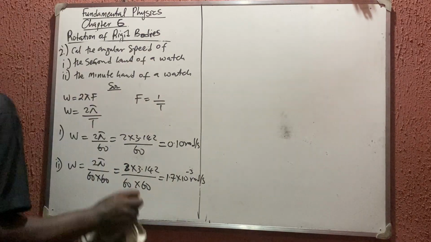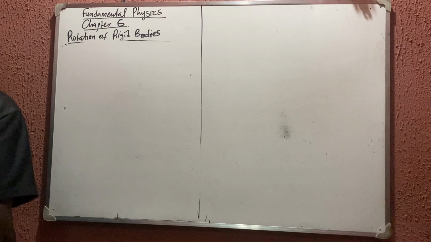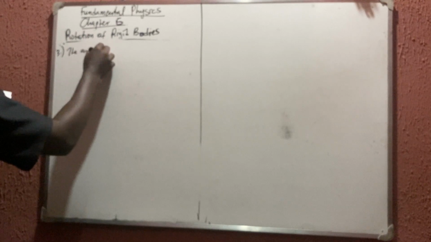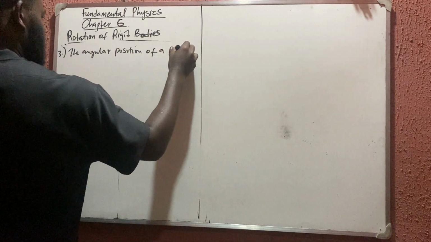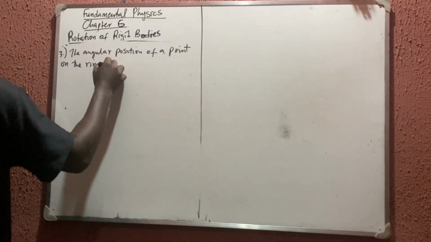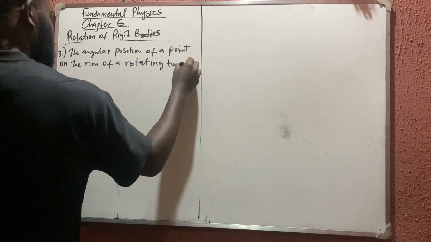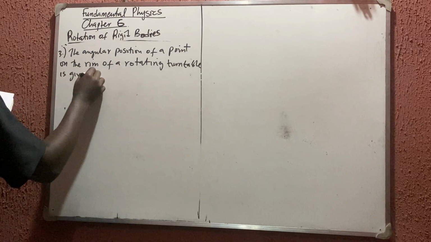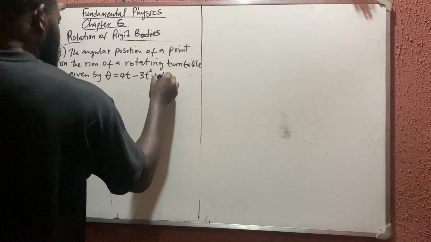So that is that for that. Go to the next question, which is very, very simple. Question number three said that the angular position of a point on the rim of a rotating turntable is given by theta is equal to 4t minus 3t squared plus t cubed.